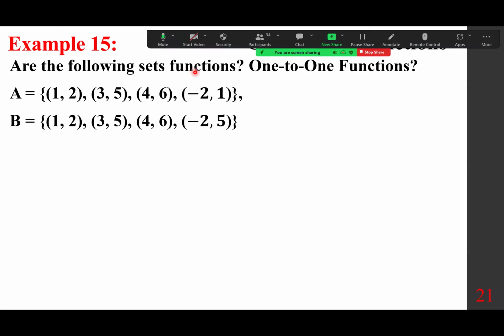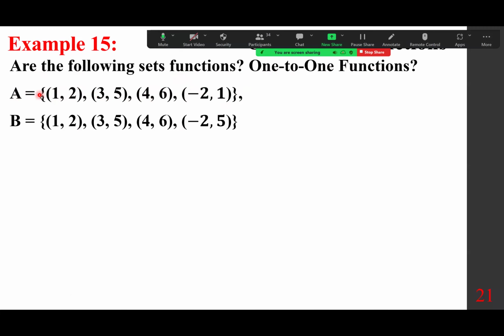Are the following sets functions, one-to-one functions? Let's find out. When we look at part A, function A, I'm just interested in the first coordinate: 1, 3, 4, -2. They are all different.